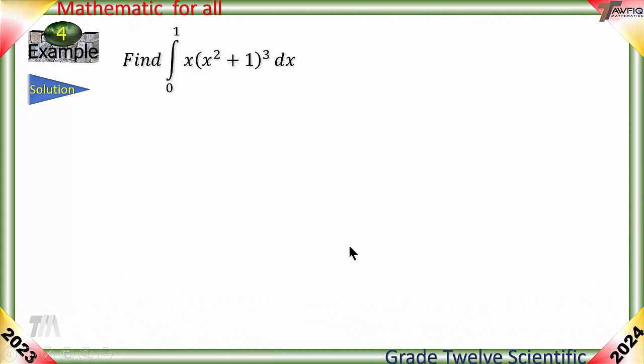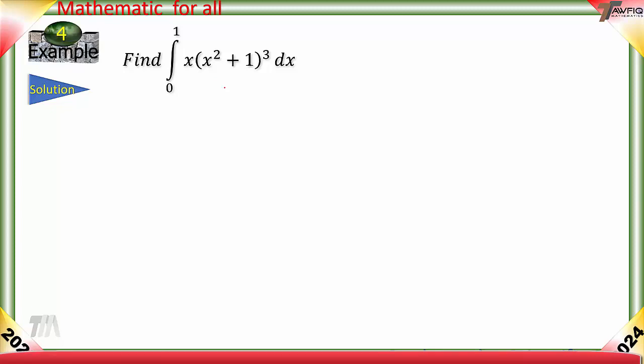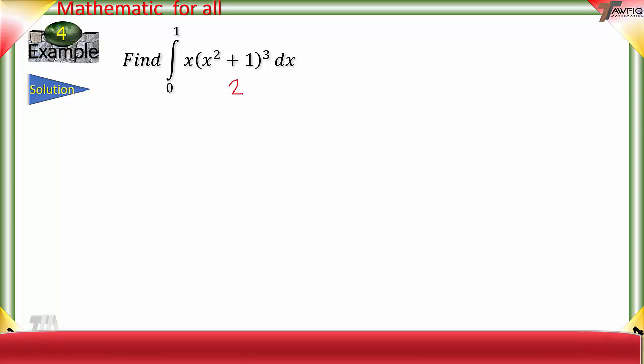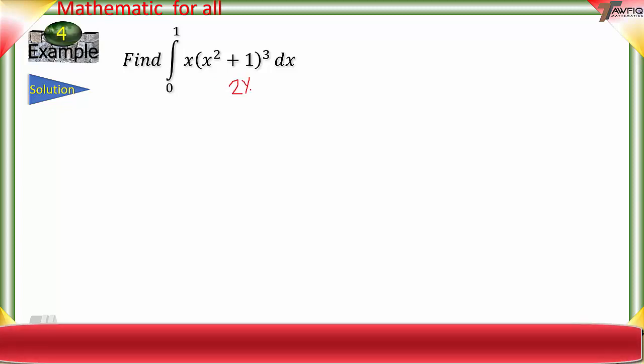Example number 4. Find the integration from 0 to 1 of x times (x squared plus 1) cubed dx. First of all, as you can see, the derivative of the inside of the bracket is 2x. We have x, but we are missing 2.